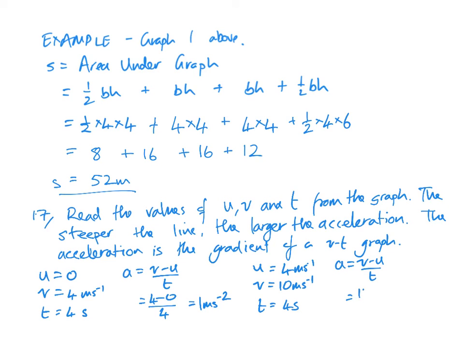In this example, it's 10 minus 4, all divided by 4, is 1.5 meters per second squared. So as we saw, the line was steeper, and now we've got the data to back that up. The acceleration is larger, because acceleration is the gradient of that line.